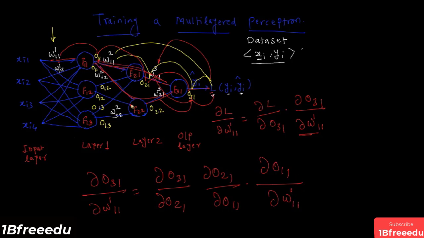Now let me take the derivative of this path and add it with this path. So the derivative of this path, that is the derivative of O31 with respect to O22, into the derivative of O22 with respect to O11, this with respect to this, and finally this with respect to this, the derivative of O11 with respect to W111, right?